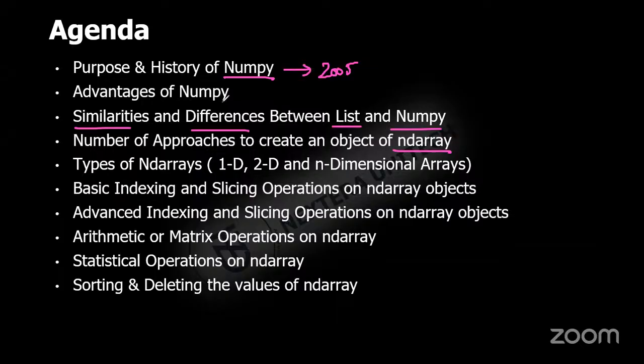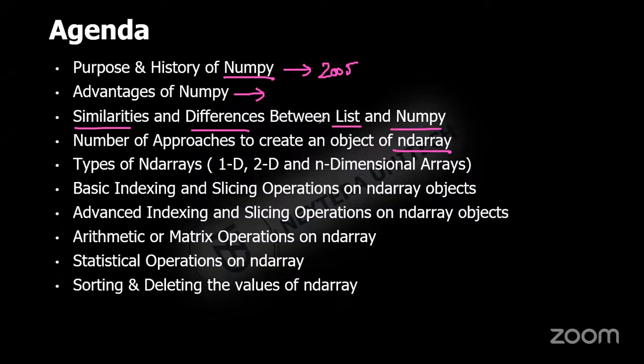When it comes to the advantages of NumPy arrays, NumPy especially deals with the concept of arrays. Okay, so these array objects help us to perform vector operations, whereas we cannot perform the same vector operations on the traditional list objects.